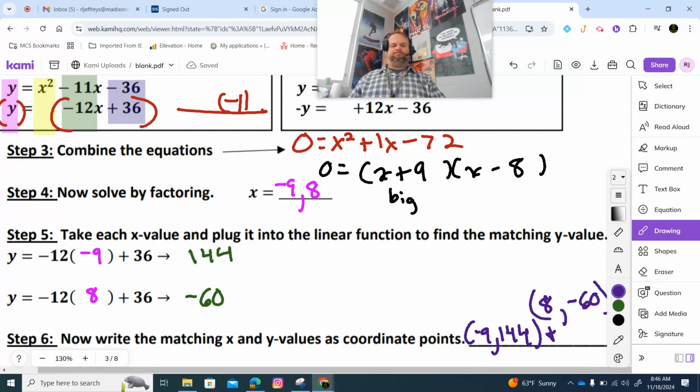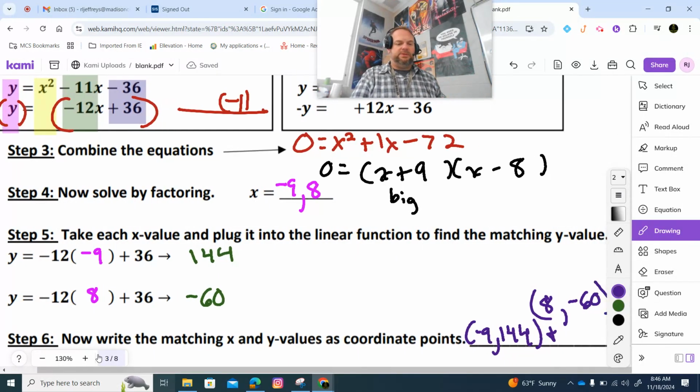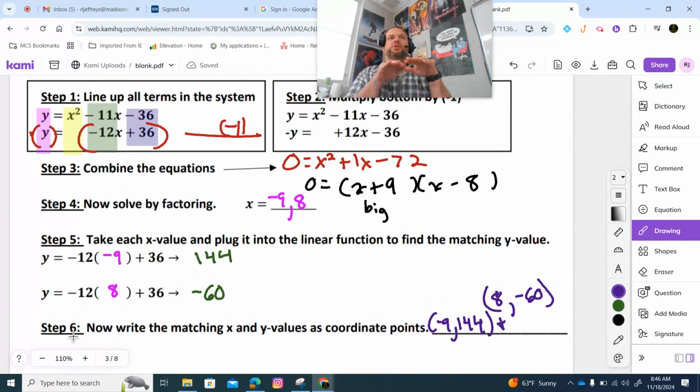All right. Now, let me zoom out a little bit. Now, if you use this method, because you get to choose, okay, this test is a lot about choices, okay? Like, you get to choose if you're going to be annoying today or not, okay?